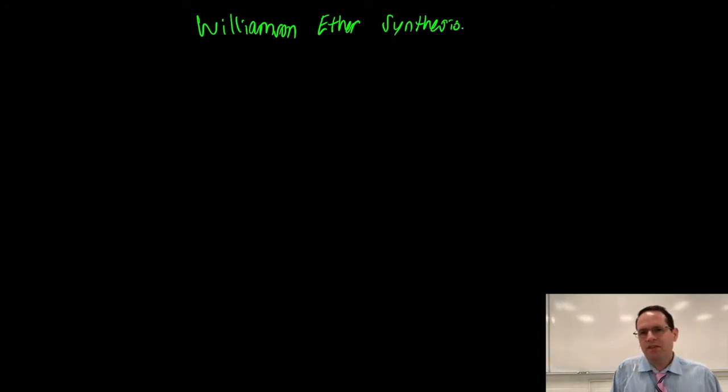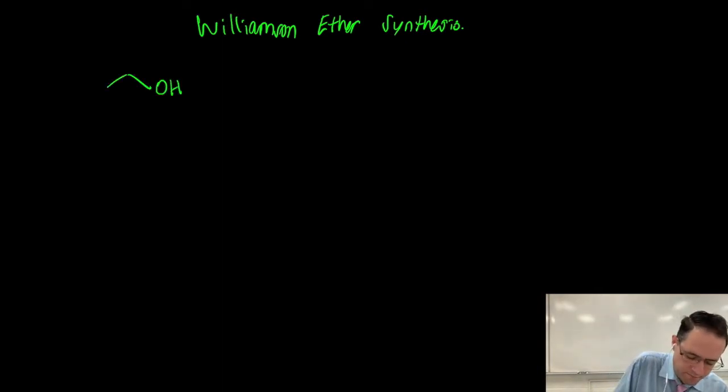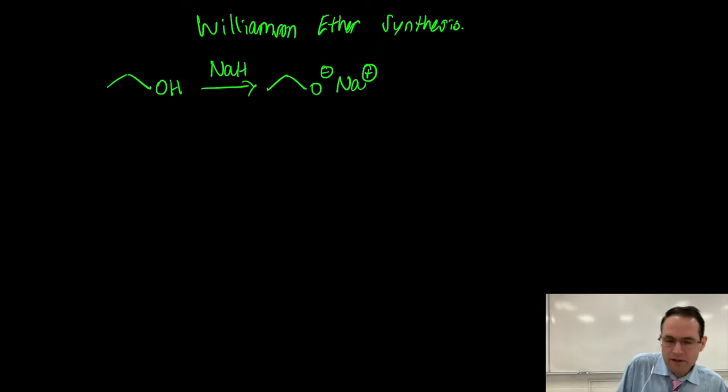The Williamson ether synthesis is a two-step procedure. Starting from an alcohol, we convert that to an alkoxide. Now remember that alkoxides are very strong nucleophiles and suitable for nucleophilic substitution reactions.